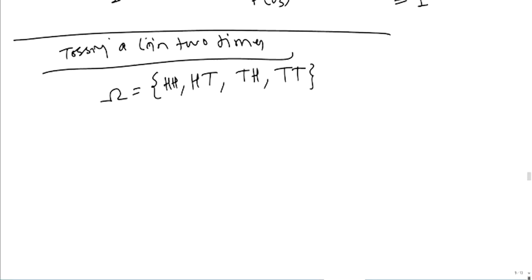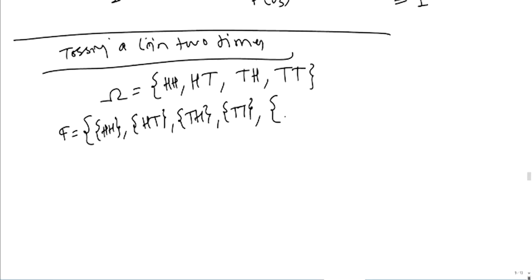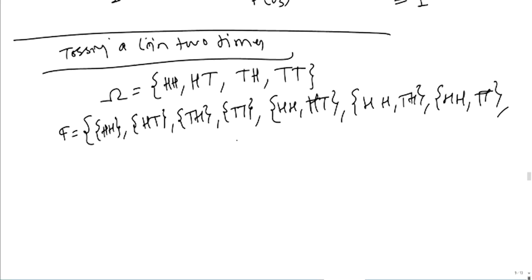What would be your event space? It would be very big, by the way, now. So event space, basically all the possible subsets. First, you can think of these elementary events: HH, head tail, tail heads, tails tails, right? And then combinations of these. So HH and HT, HH and TH, HH TT, right?